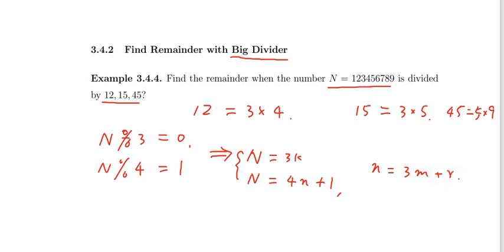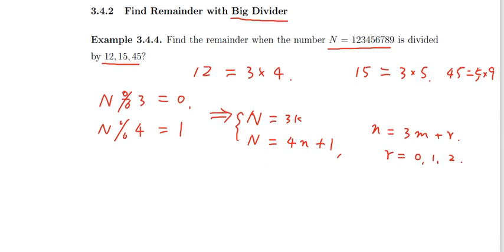Any number can be written as 3m plus some remainder, and this remainder can be 0 or 1 or 2, right? So we just plug this in.